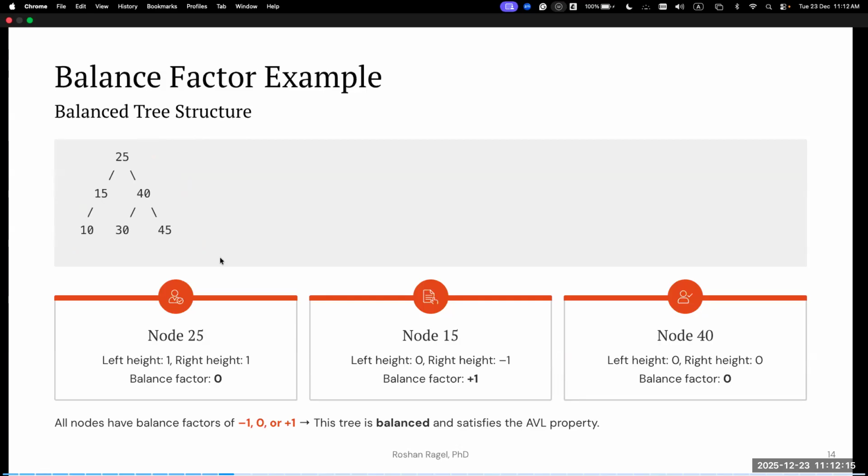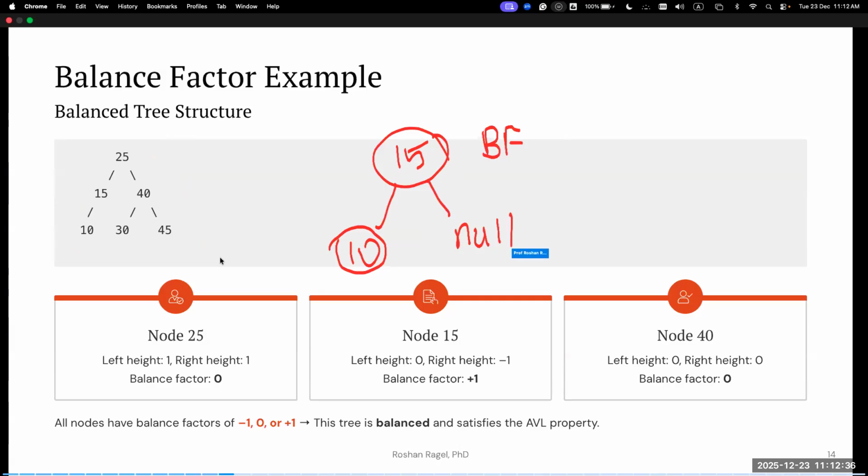15, do you want me to explain again? Somebody is asking me to explain node 15 again. So if you take node 15, when you are going to find the balance factor of 15, right? 15 has 1 here, a null here. Nothing means null, right? So if you want to find the balance factor of 15, we have to find the height of the left subtree, which is a leaf node.